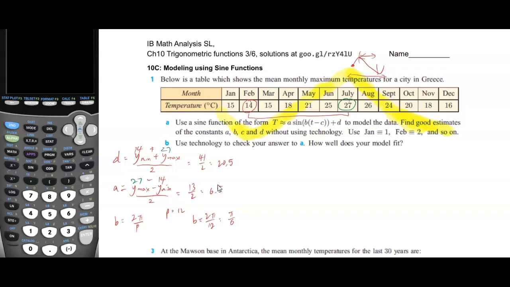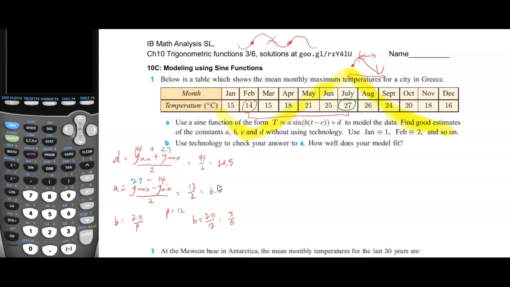So if this is the sine function, where does the sine function start? Remember where the sine function starts. It starts in the middle, but going up. So it would be here or here. Wouldn't be there because that's in the middle going down. So it's going to be in the middle going up.